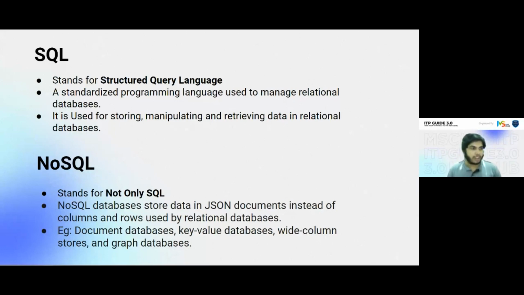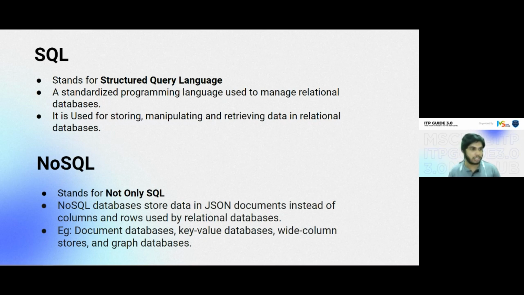So what a NoSQL database does is it stores data in JSON documents or graphs or formats which are much different compared to a relational database. It doesn't store data in the tables which you are familiar with, with columns and rows. It stores the data, as I mentioned, in JSON documents, which is a way of transmitting data objects in web applications.